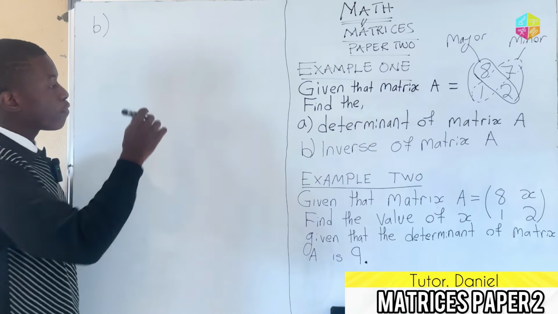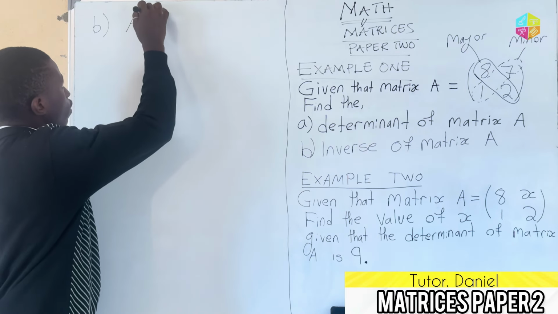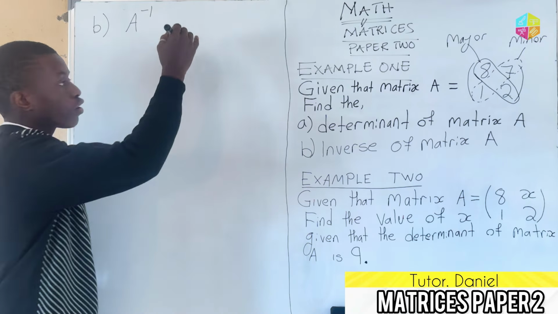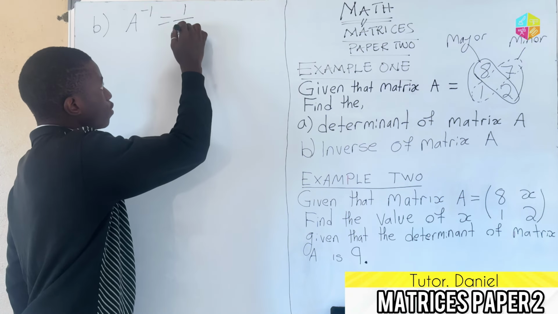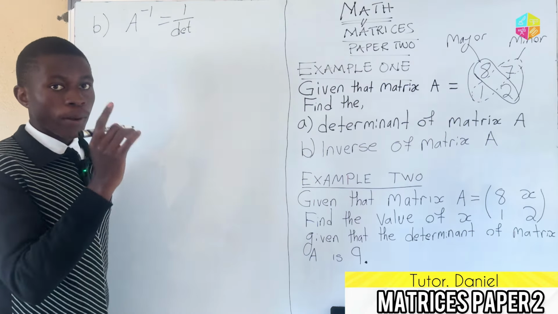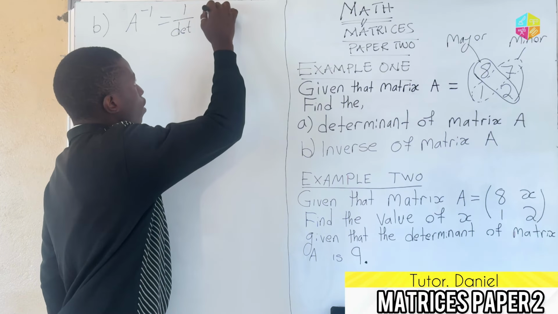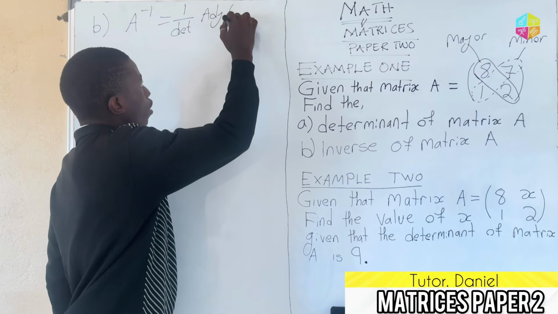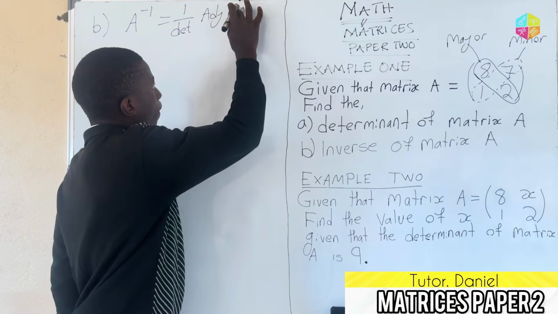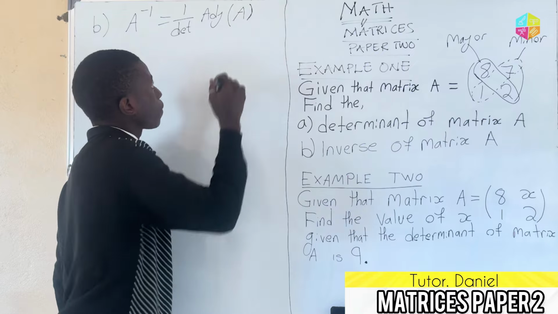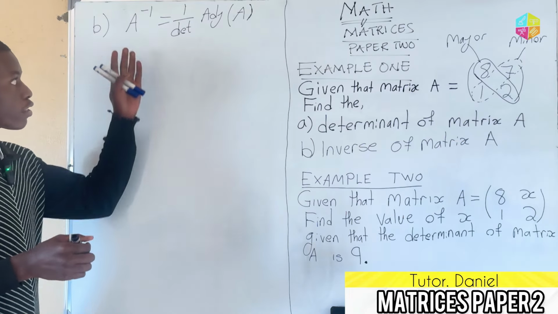So to find the inverse of matrix A, the inverse of matrix A is equal to 1 divided by the determinant multiplied by the adjoint of matrix A. So how to get our inverse?